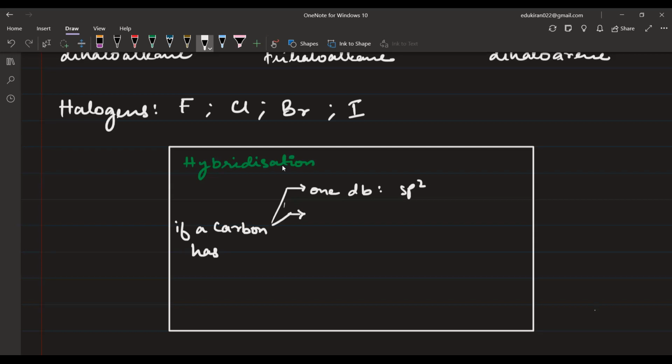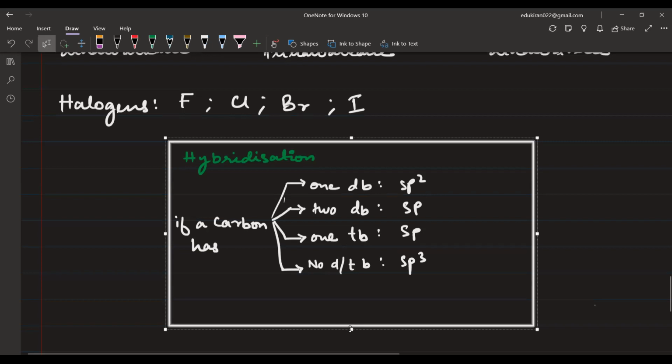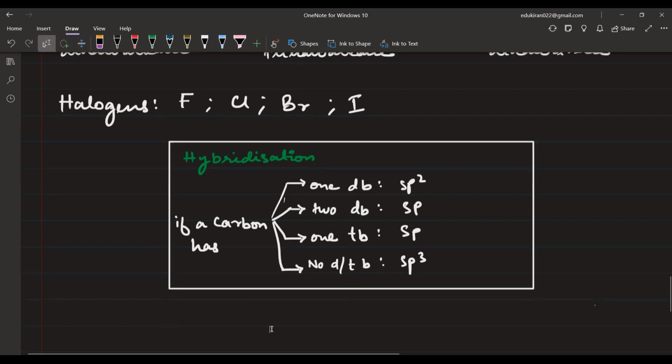If it has two double bonds, then it will be sp. If it has one triple bond, then it will also be sp. And if it has no double or triple bonds, it will be sp3.